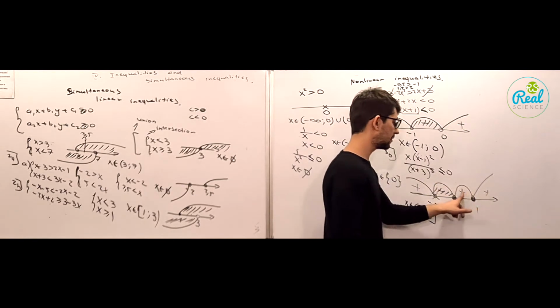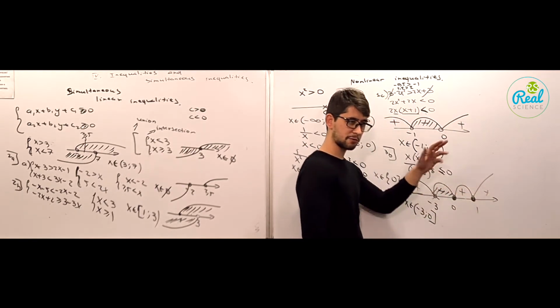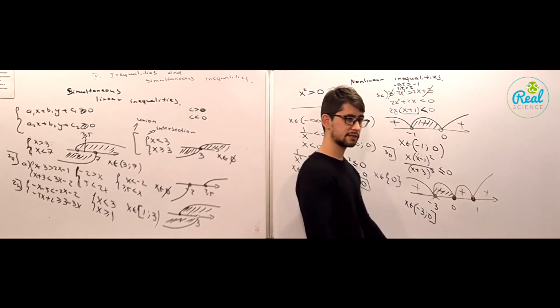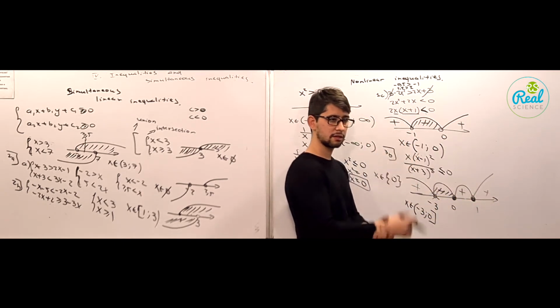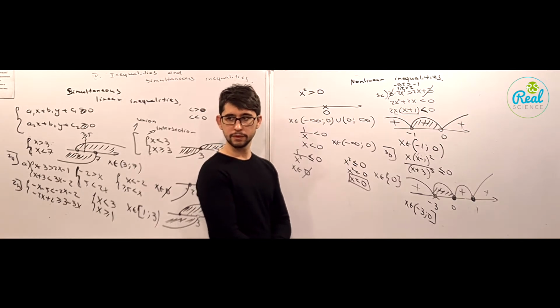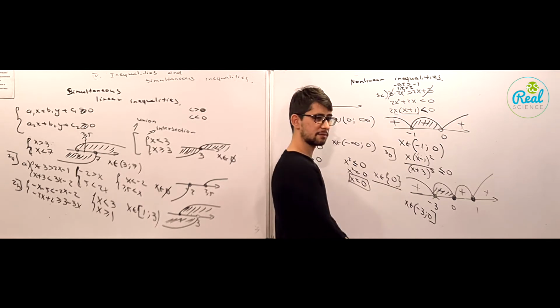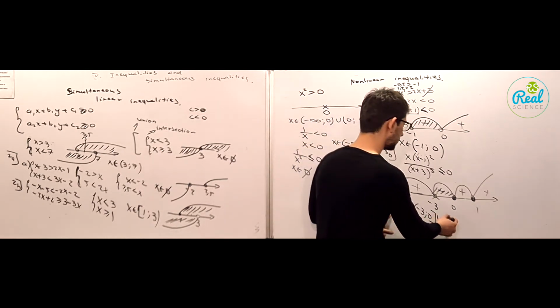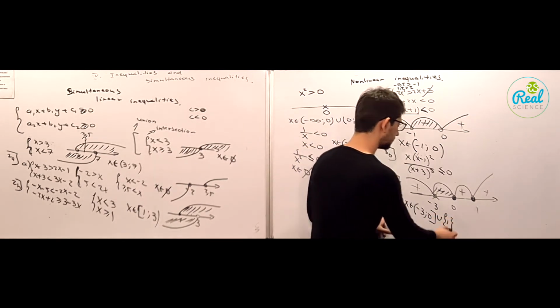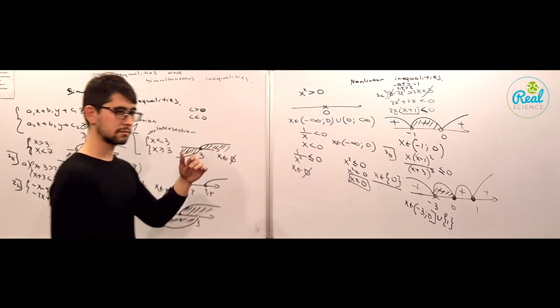Here we have positivity. We cannot take these intervals, that's for sure. But what about 1? 1 is in between, right? What about 1 then? Yes, you are going to include it, as this one, union 1 itself. One itself, yes. Have you understood it?